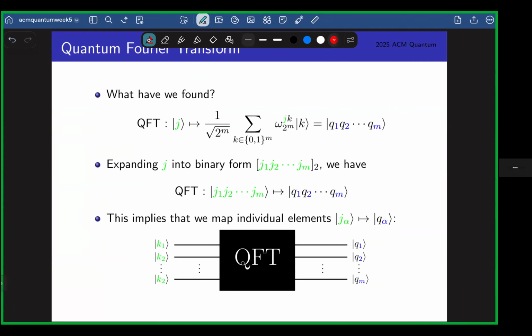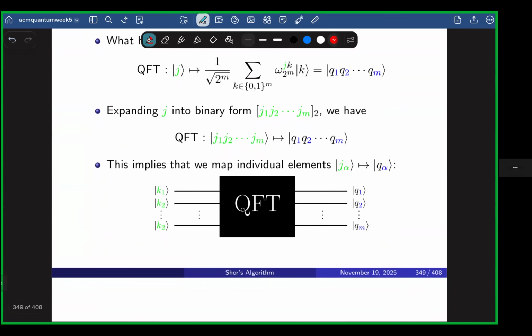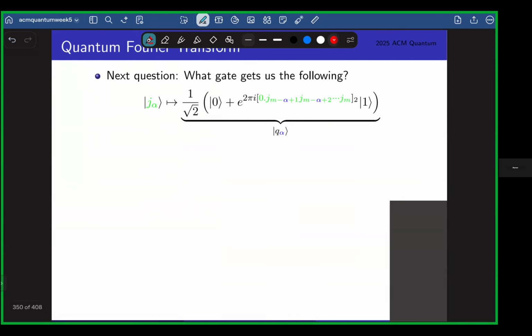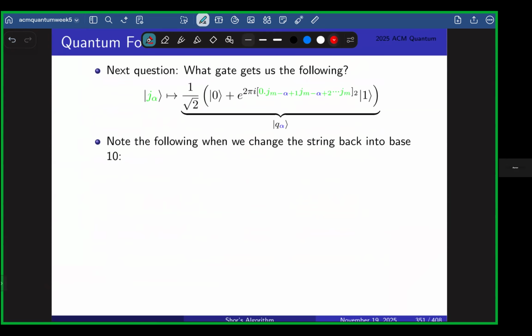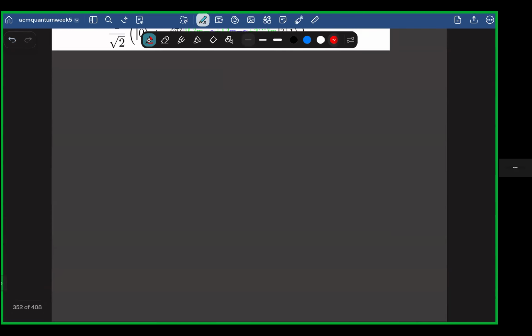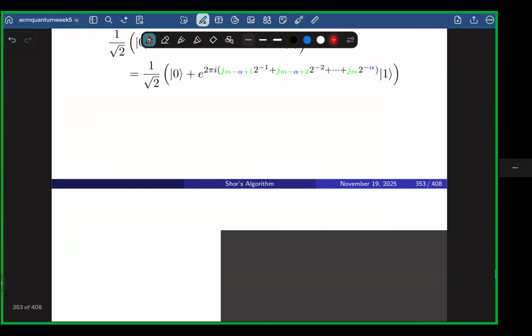Here's just a picture of that. K1 to Km, they individually map to those Qs that we just showed before. Now the question we have to answer is what gets us from J alpha to Q alpha, and here's the expansion of Q alpha. We're going to do some more simplifying of Q alpha that I'm going to skip.